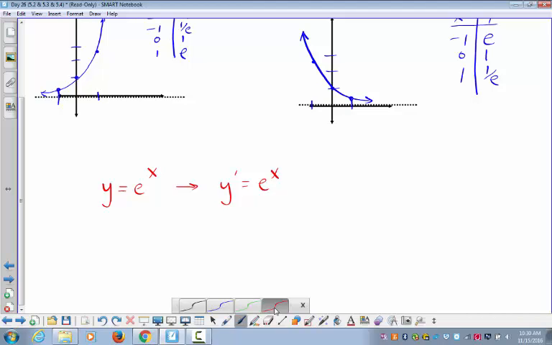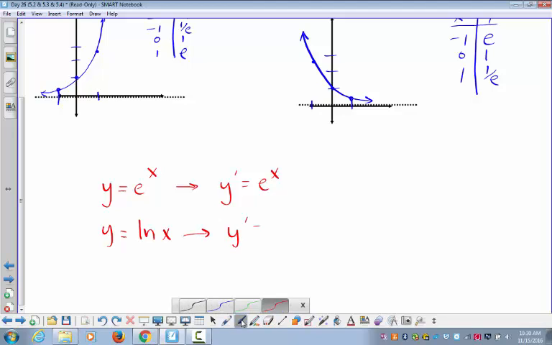It's the one function that has a rate of change that is itself, which is very interesting. You're going to learn that in calc, and because of this nice property, there's another derivative that's going to be important: if you take the derivative of the natural log of x, that's got a base of e, you're going to get a very simple result there.